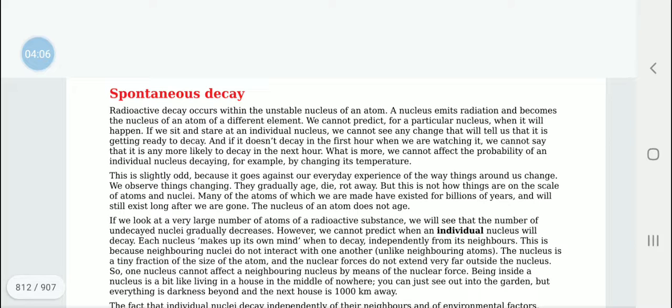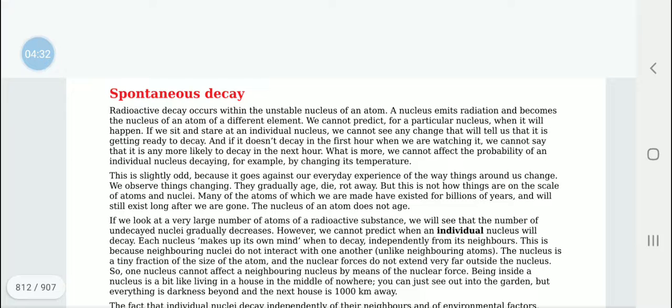Imagine that the nucleus is a house in the middle of a desert. If you are inside the house, you would be a proton. The house is the nucleus. The next house would be 1,000 kilometers away. That is the nucleus of another atom. The electrons are about 100, 200, 300 kilometers away.